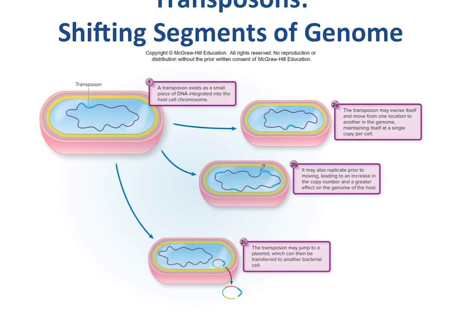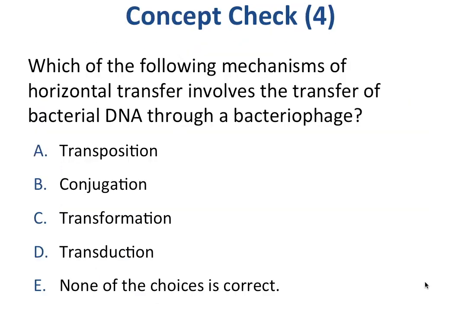These multiple pieces can be conjugated to the chromosome as well. Okay, so we have more transposon fragments in the chromosome. The transposon can also be transferred to the plasmid, okay, and then the plasmid can transfer the transposon to another bacteria.